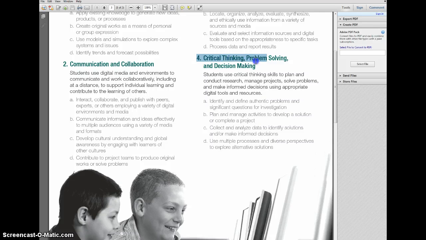Standard 4, creative thinking, problem solving, and decision making, is a standard that encourages the use of technology to accomplish what may have not been accomplished otherwise. There are applications of technology that enable students to think, solve, investigate a little more critically and substantially than they could without, and this standard supports that.